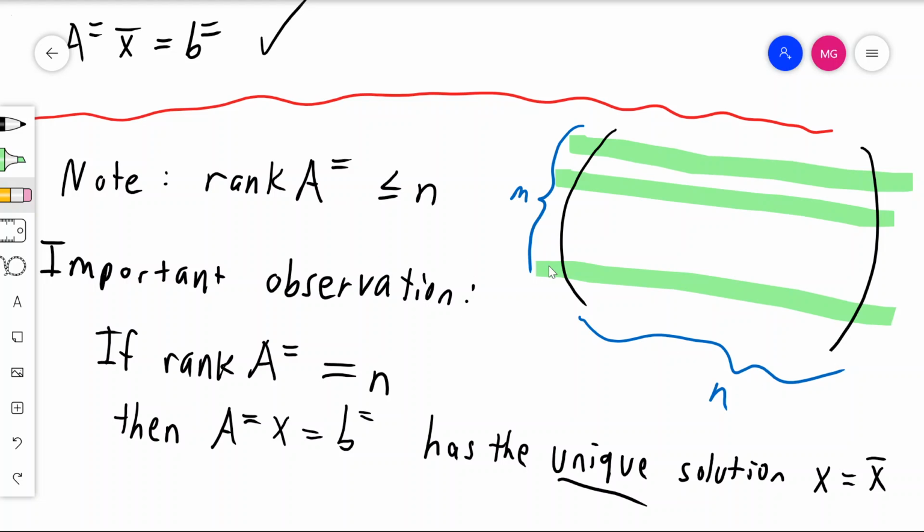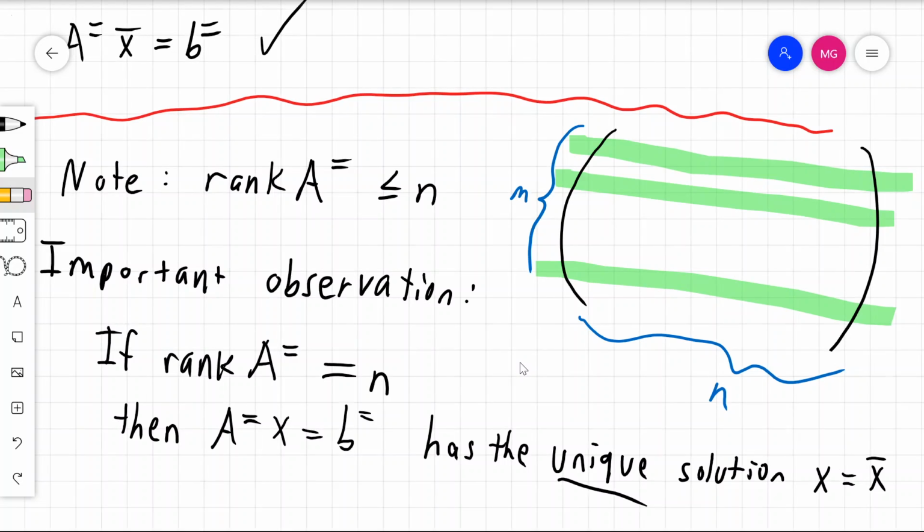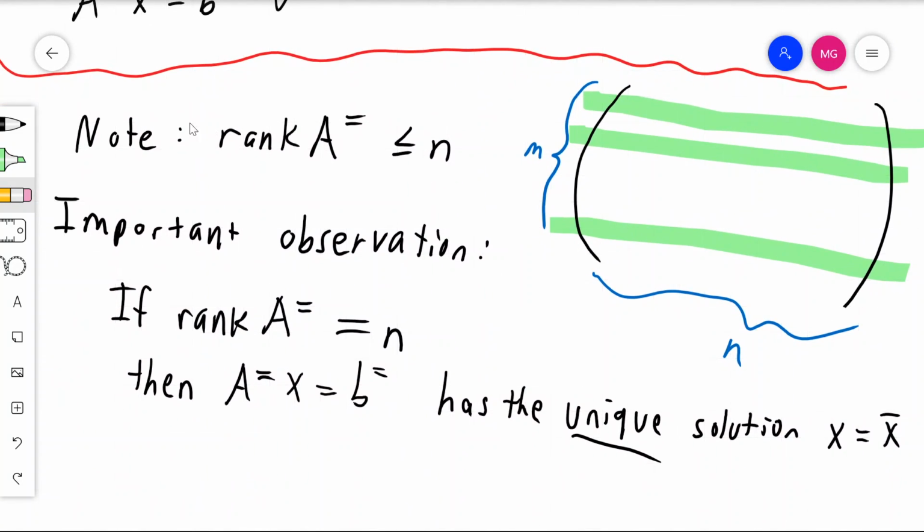A equality, being a submatrix of the overall matrix, has n columns as well. So the rank has to be less than or equal to n. That's automatic because we only have n columns for this matrix A equality. So we can never be more than n in terms of the rank.